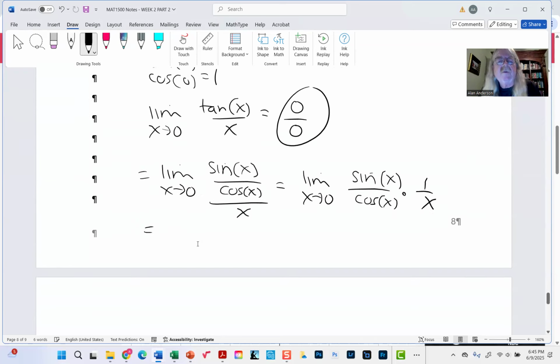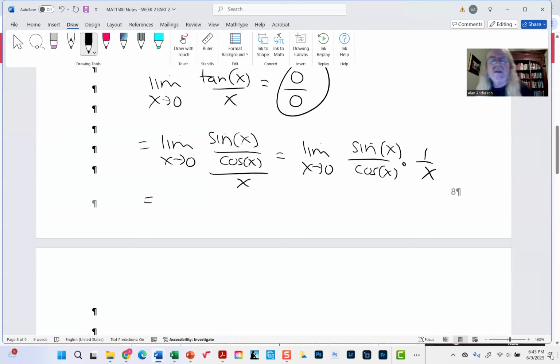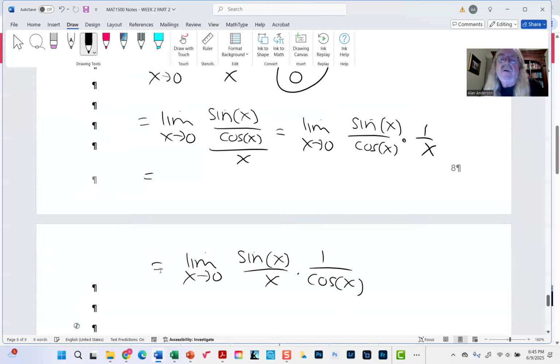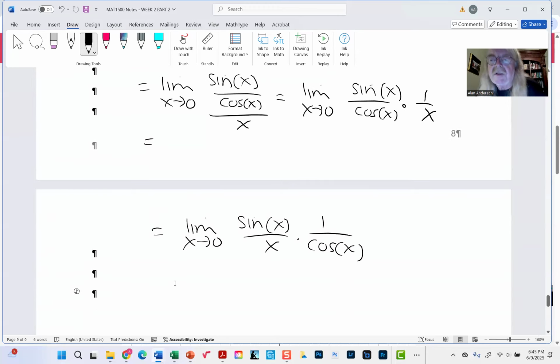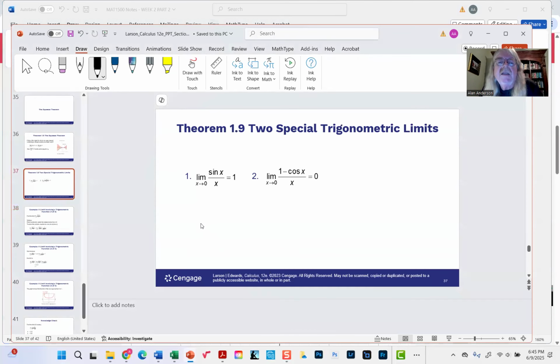divided by x is the same as multiplying by 1 over x. So what you could do is rewrite it in a very interesting way. Now, a minute ago, they just got through showing us without proving it that this limit is one.